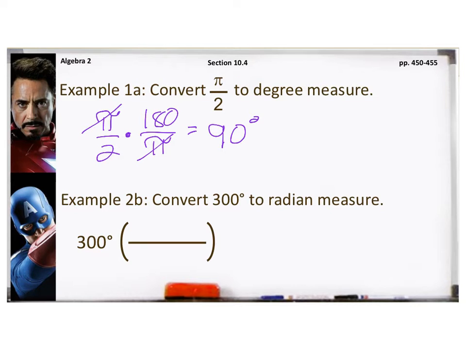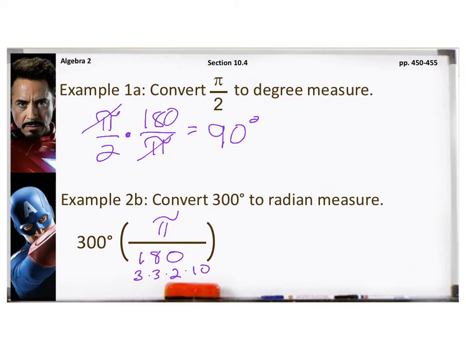Convert 300 degrees to radian measure. So I have 300 degrees. I want to divide out my degrees, and I want to gain pi. 18 is 3 times 3 times 2, and then it's times a 5.